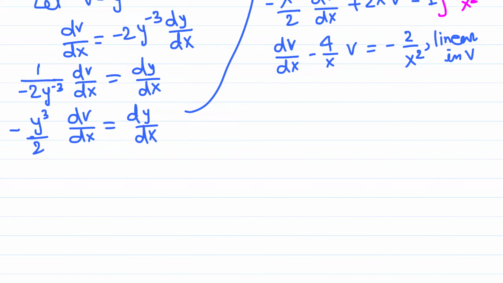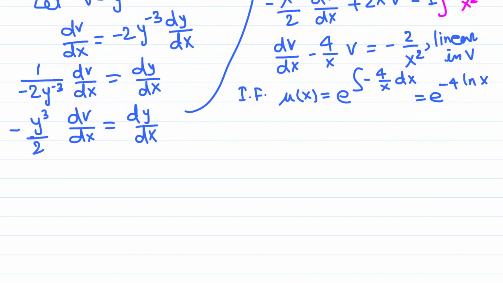So it is linear, which means we need to find an integrating factor. The integrating factor is e raised to the integral of the function in front of v, which is negative 4 over x dx. That is e raised to negative 4, pulled in front of the integral sign. Now 1 over x dx is the natural log of x.